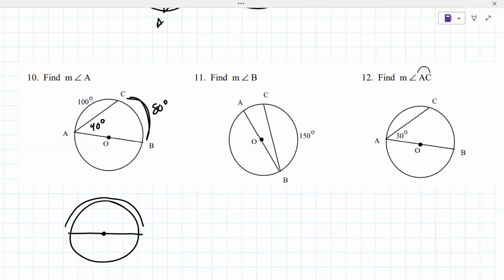So 180 minus 150 is 30. Okay. So then B would be 15. All right, do the last one, please.